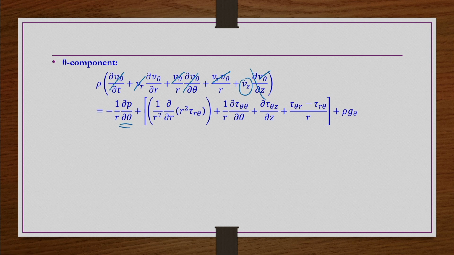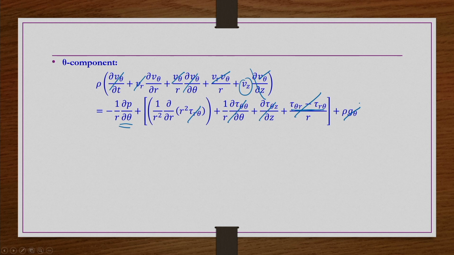For pressure, we cannot arrive at any generalized conclusions without doing the simplification, so let us keep it as it is. Then only tau Rz is existing, so this is 0. Because of symmetry this term is 0, and because of the fully developed flow this term is 0. For a simple laminar flow these two terms are equal to each other, so this difference is 0. Gravity we are not considering.